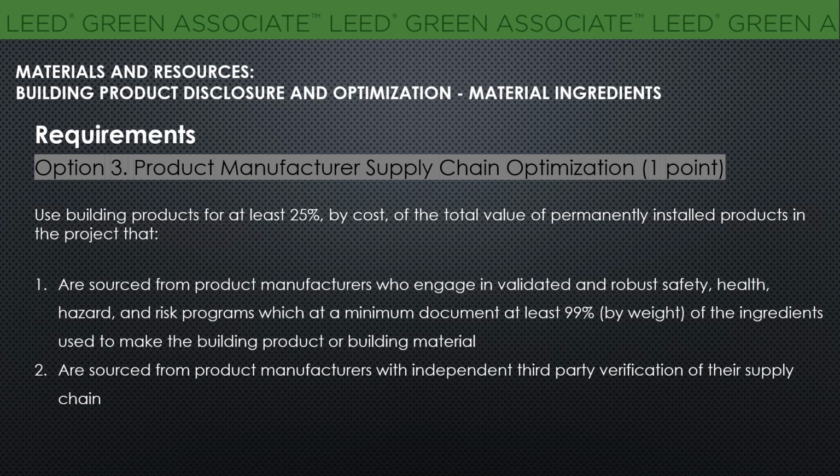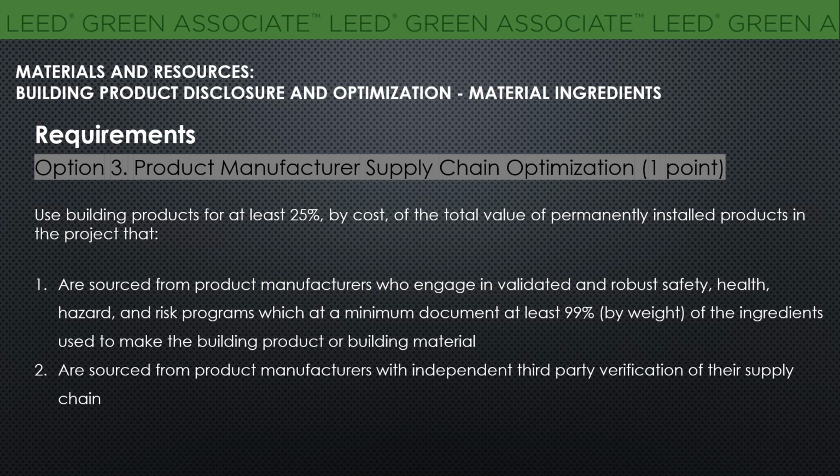So the final option is product manufacturer supply chain optimization, and it holds 1 point. For achieving this option, use building products for at least 25% by cost of total value of permanently installed products in the project that 1. Are sourced from product manufacturers who engage in validated and robust safety, health, hazard and risk programs, which at a minimum document at least 99% by weight of the ingredients used to make the building products or building material.